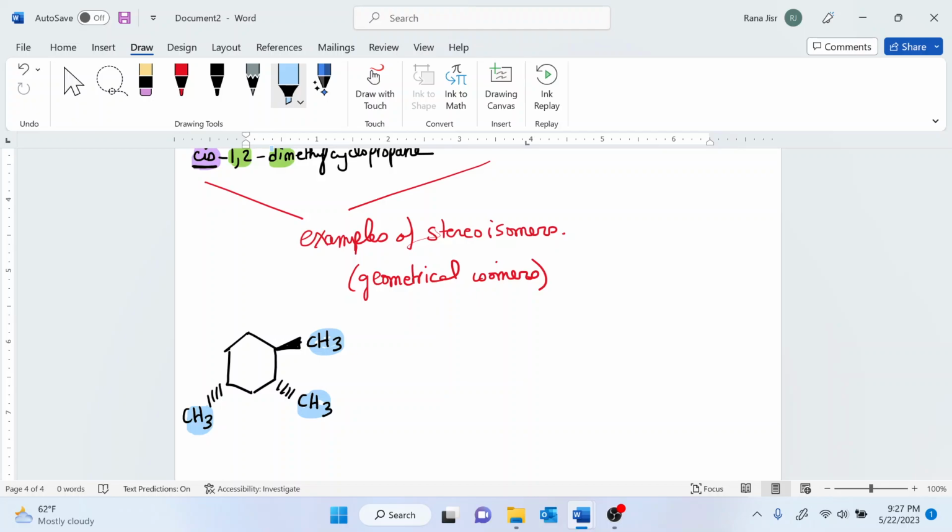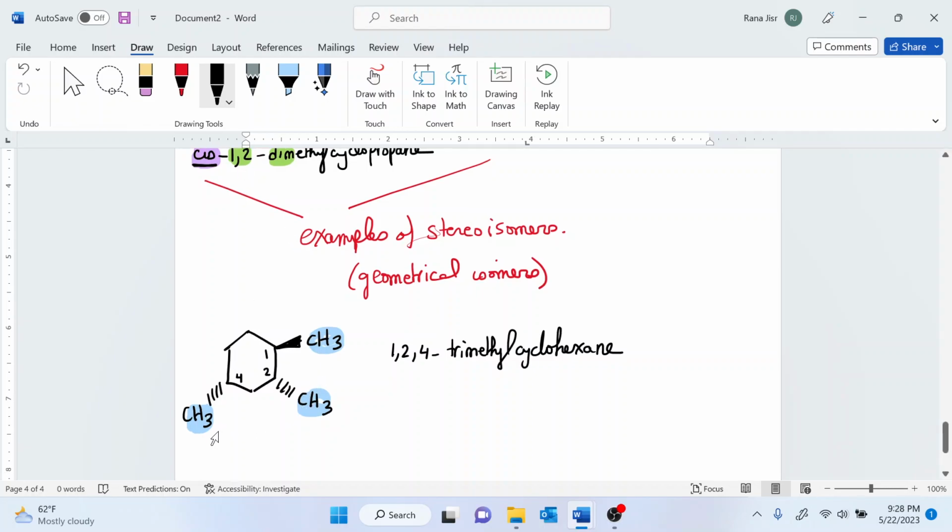So whenever I name this one, I just ignore the stereochemistry, meaning the wedges and the dashes, I ignore those and I name it regular, giving the substituents the lowest number. So that's going to be 1, 2, and 4. So it's going to be 1,2,4-trimethyl cyclohexane. I cannot say cis and trans because I have more than two substituents on the cycle.